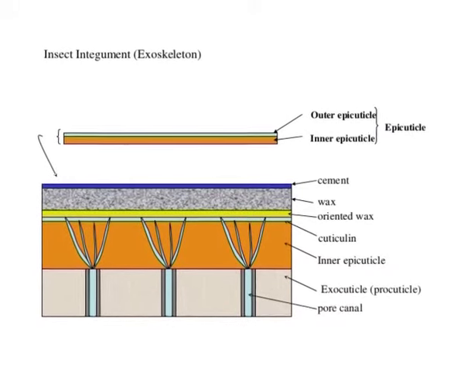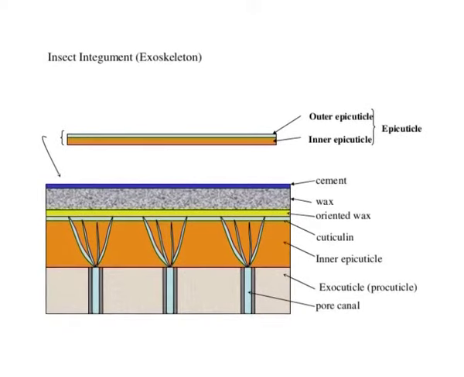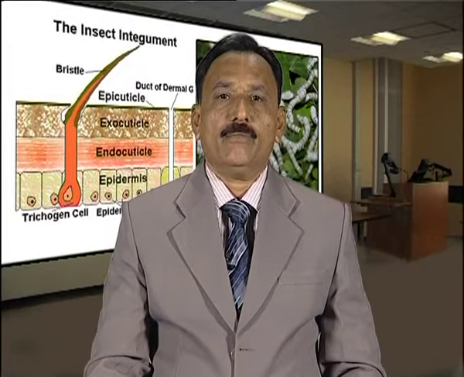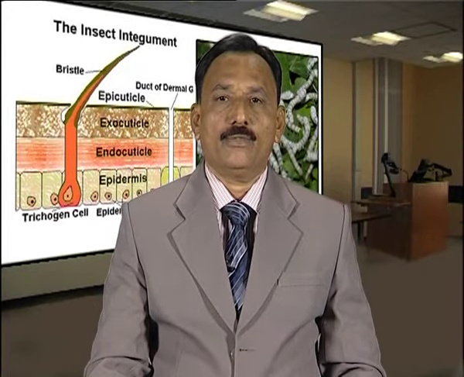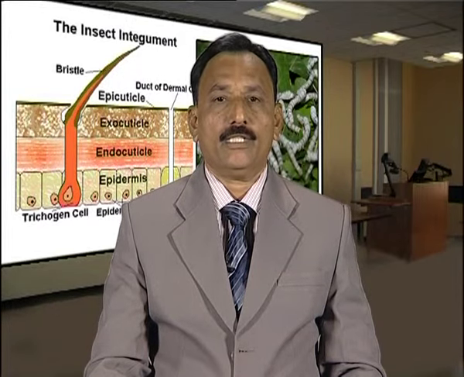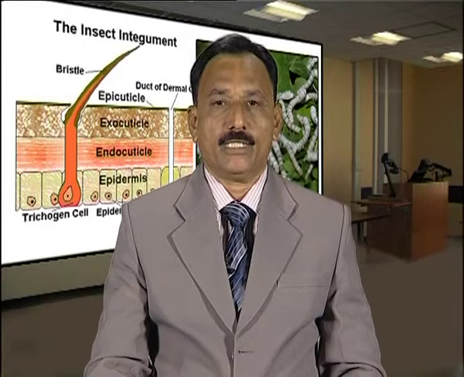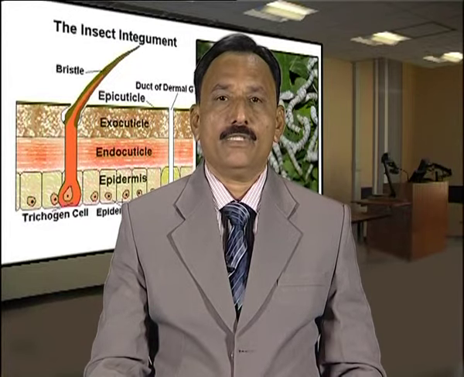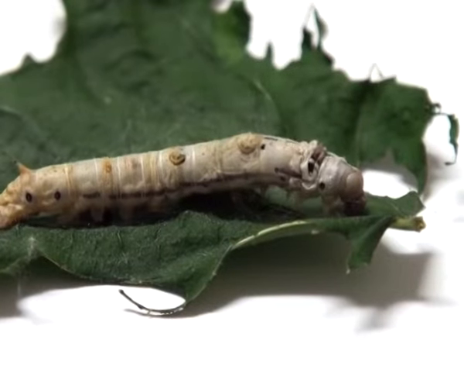It can prevent foreign materials from entering the body and water in the body from over-losing. The permeability of the integument to water depends mainly on the quality and quantity of wax in the epicuticle. For instance, multivoltine varieties have less wax than the bivoltine varieties.